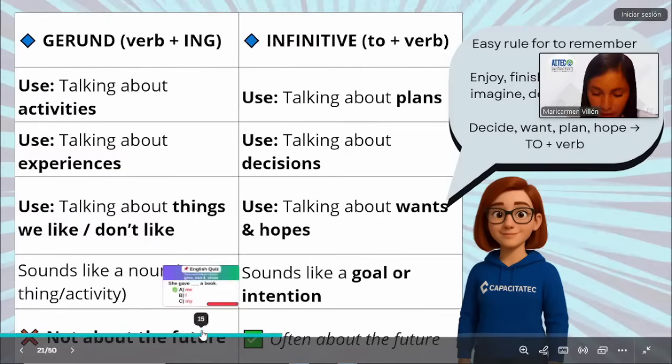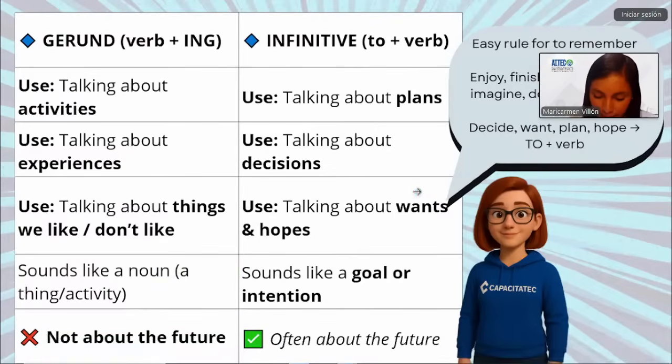Entonces, atentos con este cuadrito, sí es importante que a la final hagan una capturita de pantalla como para que se puedan guiar. Vemos del otro lado el infinitive, que es el to antes del verbo. Este, en cambio, lo utilizamos para hablar sobre planes, ¿sí? A diferencia que en gerundio, se habla para actividades. Estos son para planes, el infinitive. Para decisiones, ¿sí?